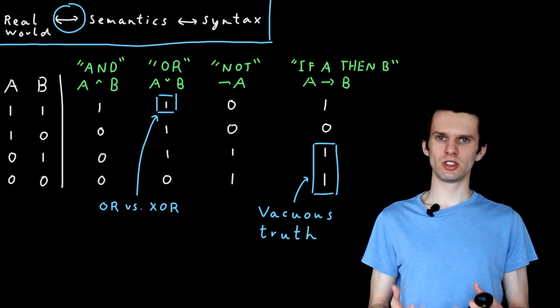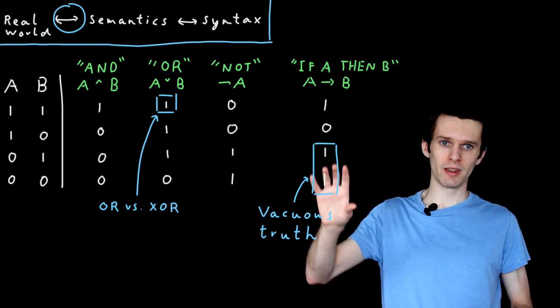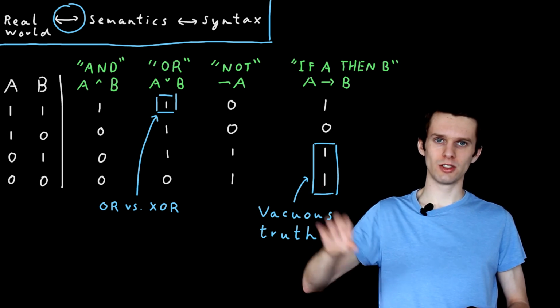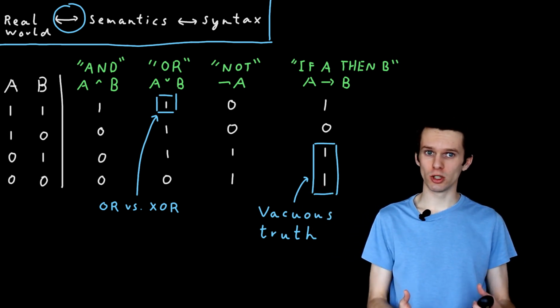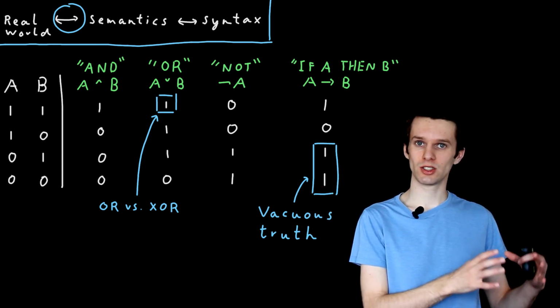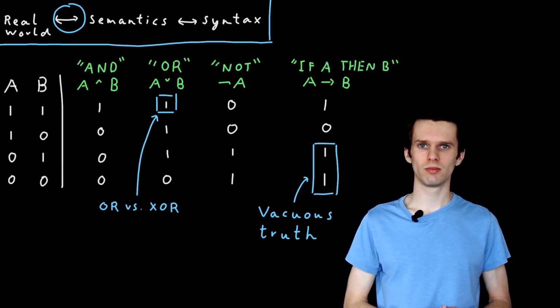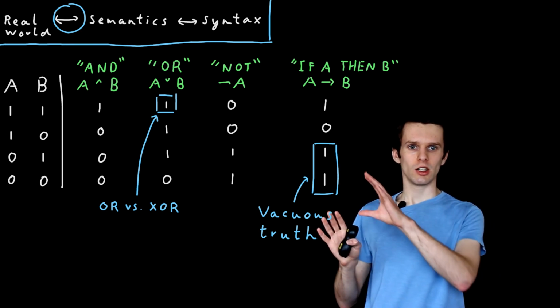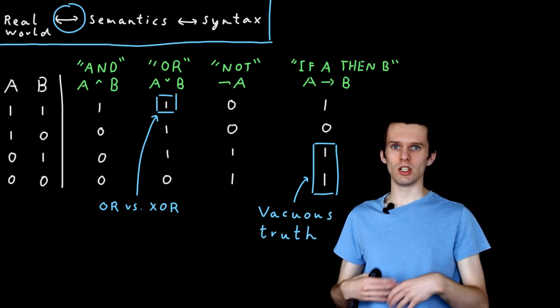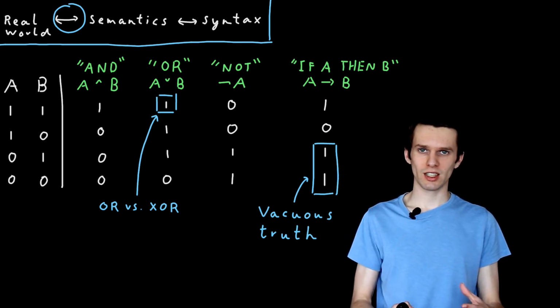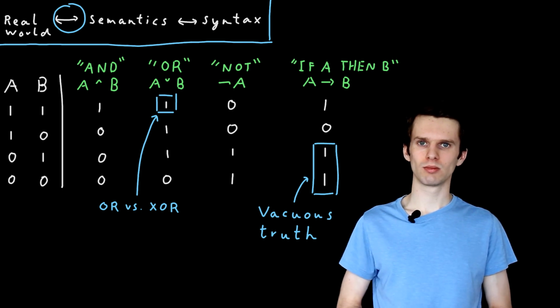But the two key points to take away are, firstly, that assigning 1 to these values is useful when we come to look at our syntax and particularly our deductive system. In other words, assigning 1 to these values is useful for reasoning about the real world.